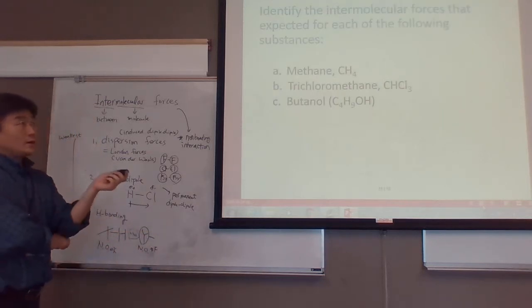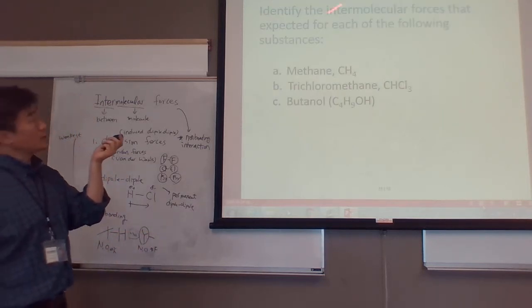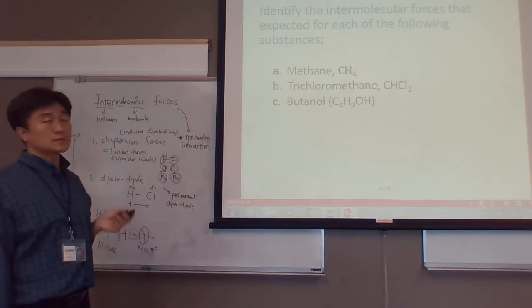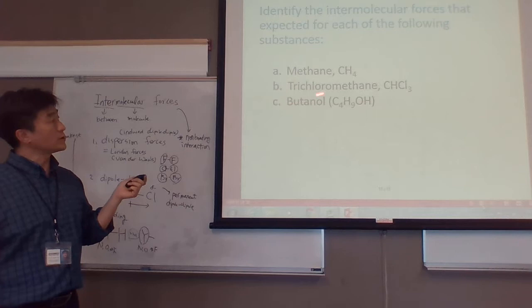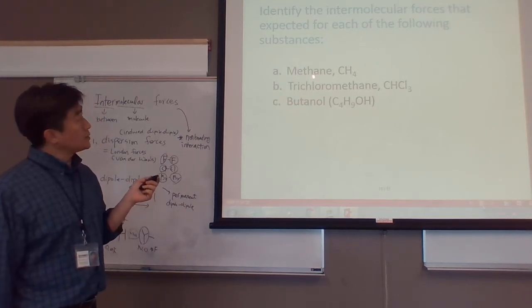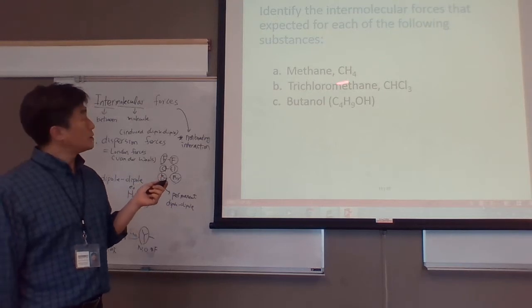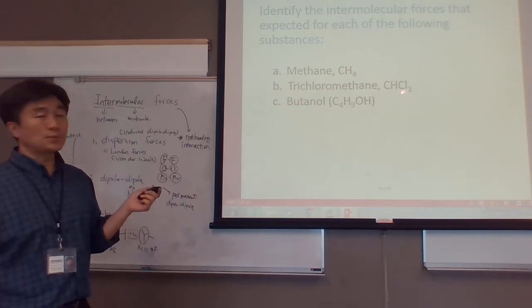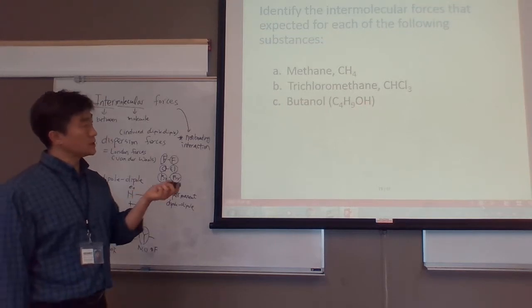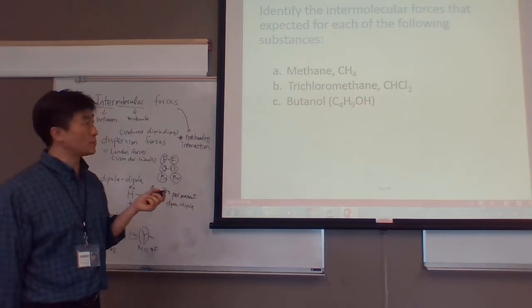So now we can identify the following. Identify the intermolecular forces that we expect for each of the following substances: methane, trichloromethane, and butanol. Methane is non-polar, trichloromethane is a polar molecule, butanol contains OH groups, so we may expect hydrogen bonding.